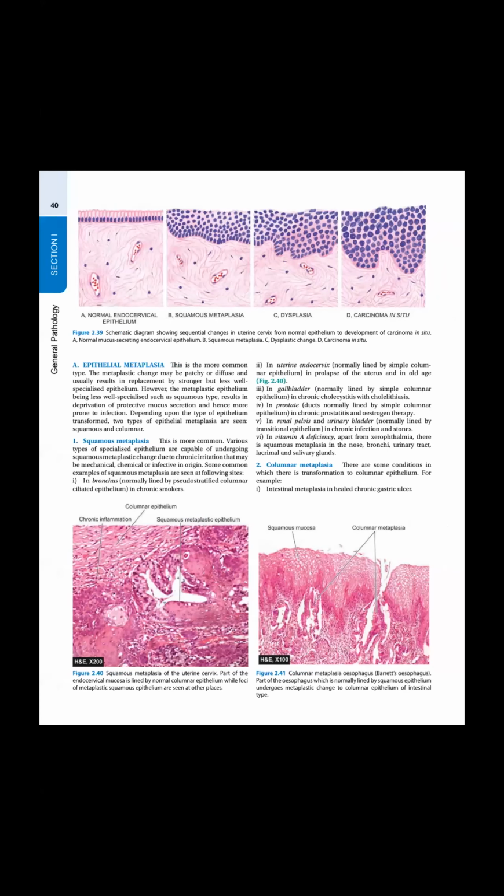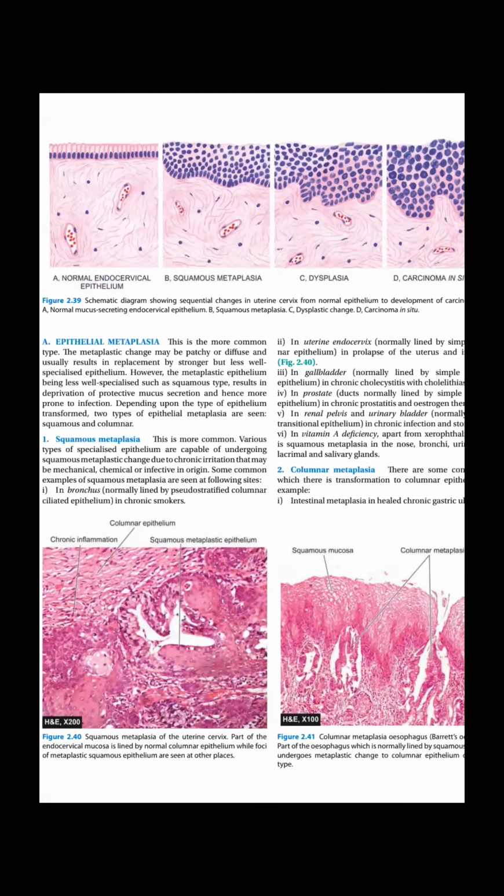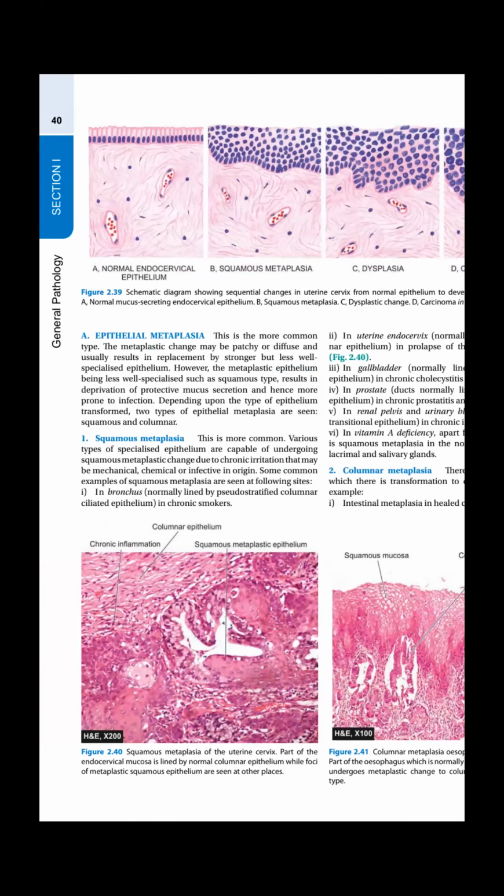In epithelial metaplasia, the most common type, in patchy or diffuse form, usually results in replacement by a stronger but less well specialized epithelium. However, metaplastic epithelium being well specialized, such as squamous cell, results in deprivation.